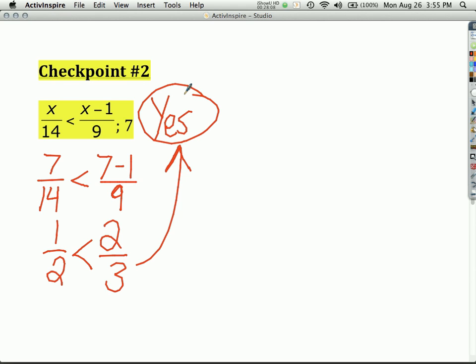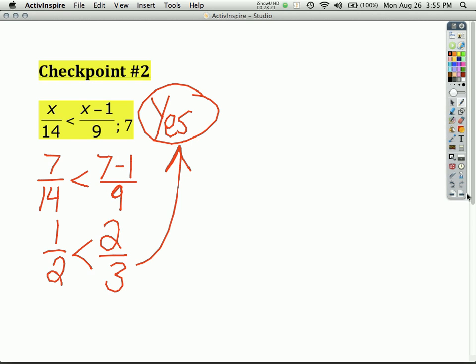All right, I'm going to put up the real world example that we're going to be working on. It's a little bit different. You're going to read the question, do not copy the question.